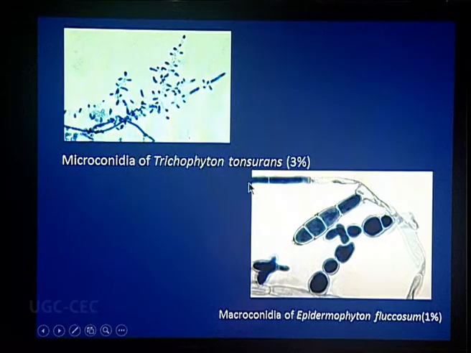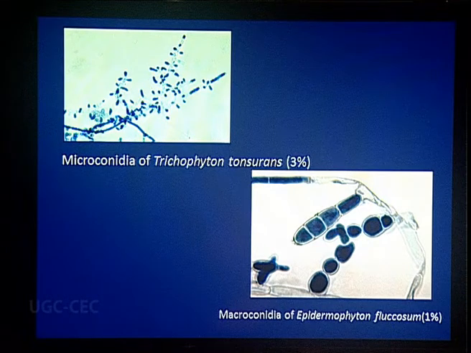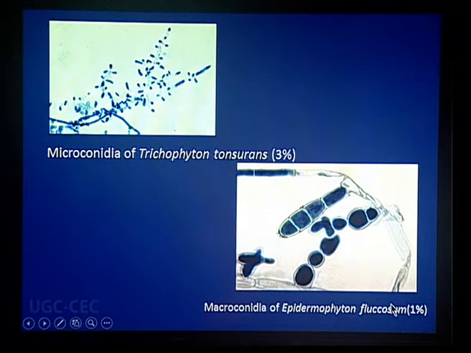And there is Trichophyton tonsurans, which is only 3% of the total infection. And the last, within 1%, is all the other types, Microsporum, Epidermophyton, etc. One such is the macroconidia of Epidermophyton, which is part of that 1%.